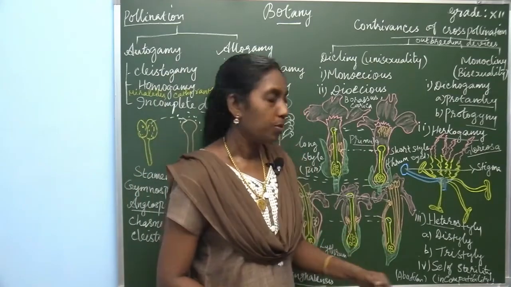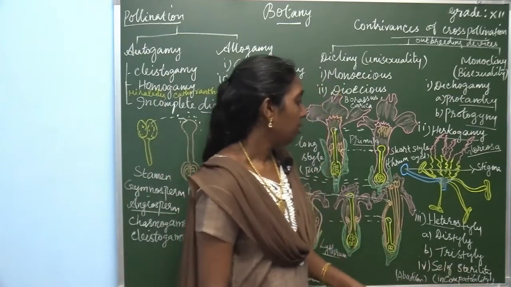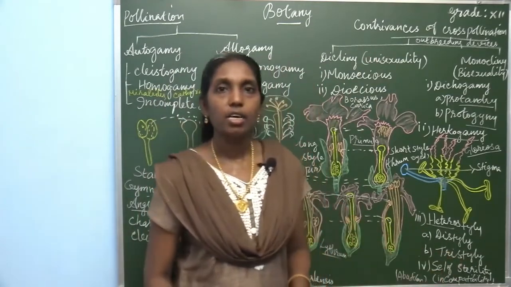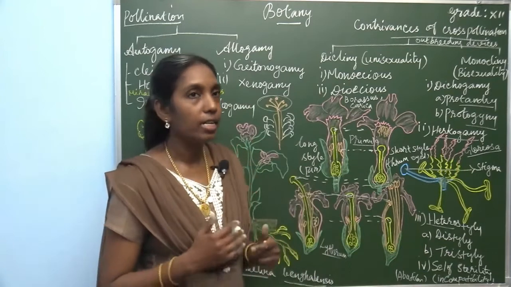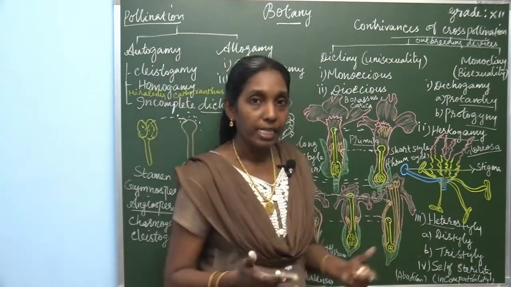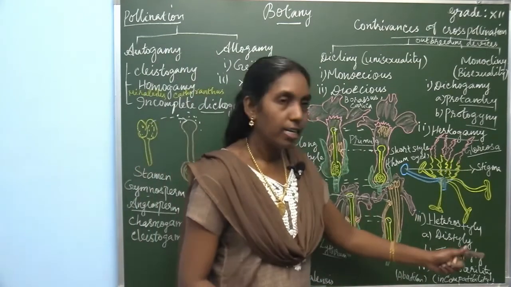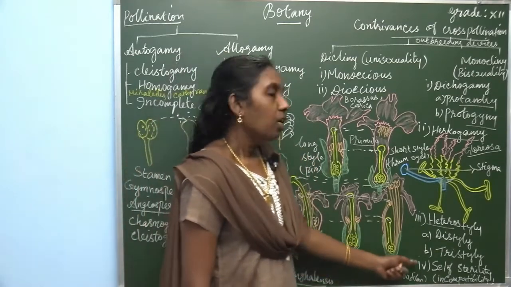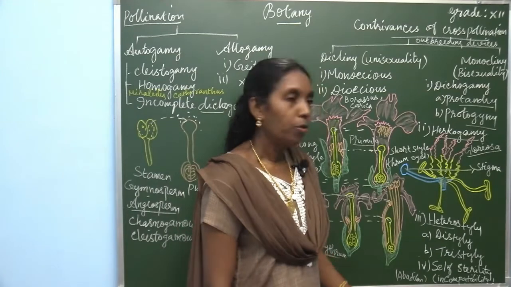Then the last type is self-sterility. It is one of the contrivances, self-sterility, or it is known as incompatibility. One of the examples is abutilon.